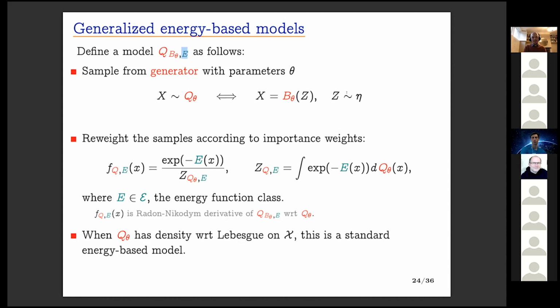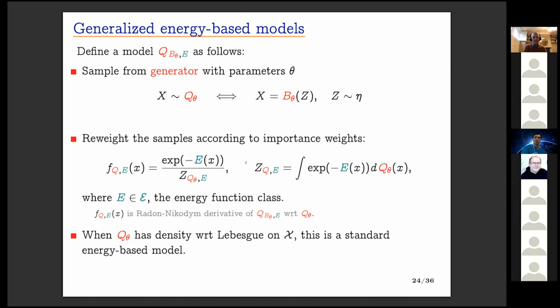Let's first see what the generator does. The generator takes a low dimensional noise, passes it through a set of convolutions, some mapping parameterized by theta, and outputs a sample, a fake bedroom, let's say. Now, what happens after that? Well, my energy function, which does the importance weighting of my generator samples, takes the form e to the minus energy.